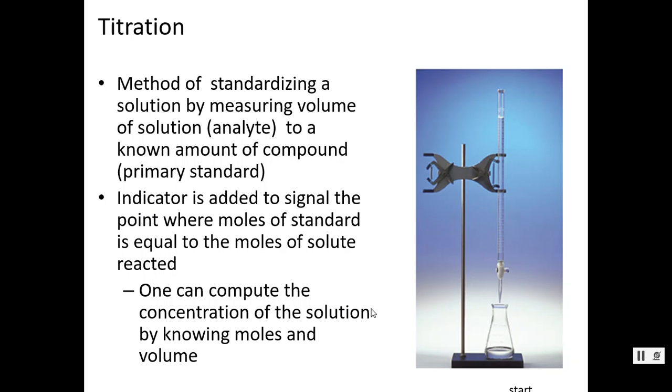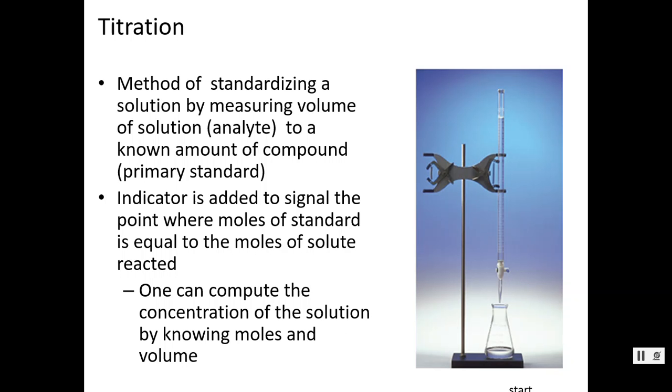If you go on in chemistry, you'll learn about lots of different indicators, but an indicator generally is a chemical that is added to your reaction flask, and that indicator will change color once you have equal moles of titrant and primary standard in your reaction flask. Once you get a color change, that tells you, oh, I've got equal moles. I can stop the titration and do calculations.